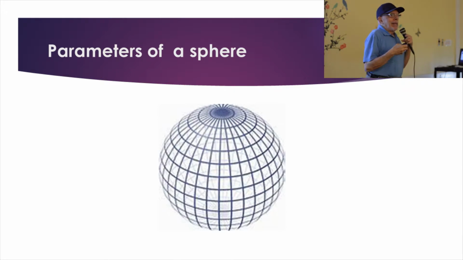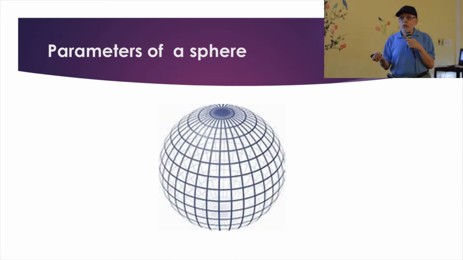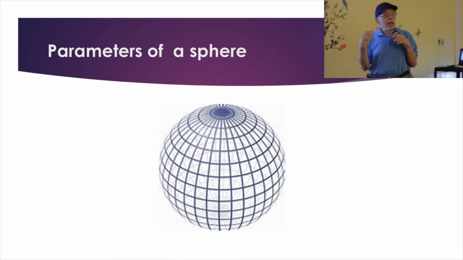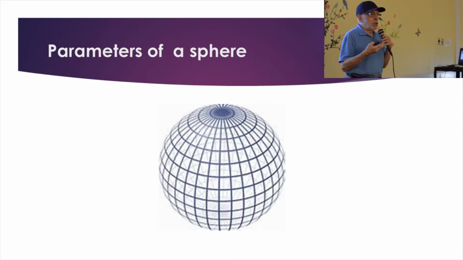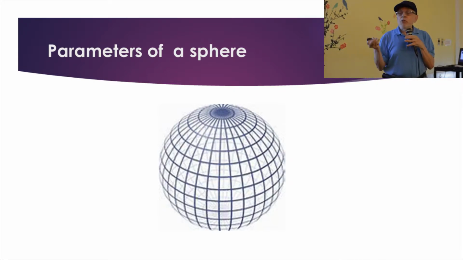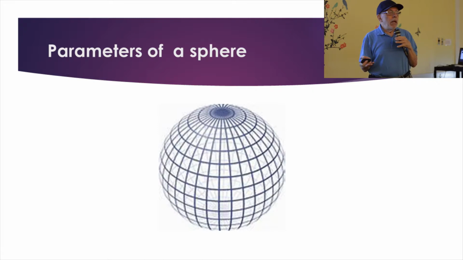So light, electromagnetic radiation, and very interestingly, gravity obey this inverse square law. And that's why scientists think that gravity is somehow related to electromagnetic radiation.